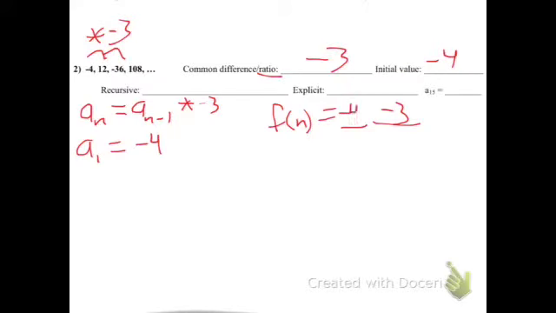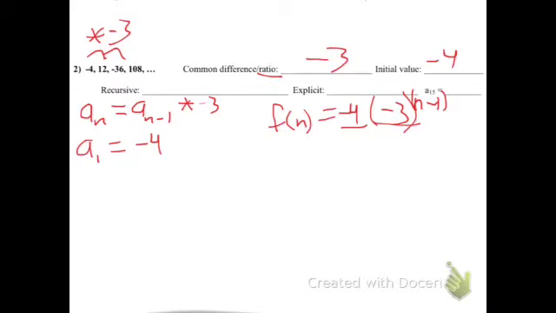Okay, -4. And you have to put the common ratio here in parentheses, and it has an exponent of n minus 1. So f of n is equal to -4 times -3 to the n minus 1 power. And that's going to be our explicit function. And that's in your notes. You're just basically plugging in the numbers where they go.